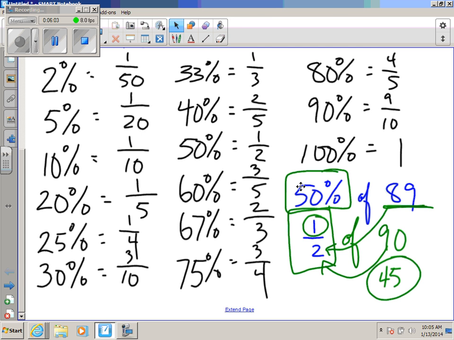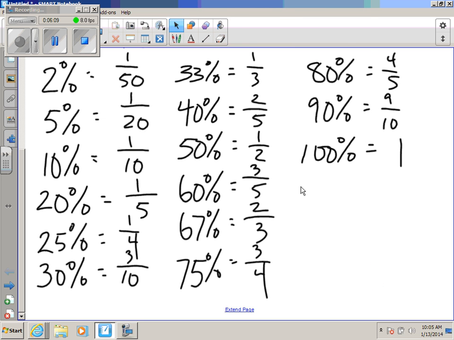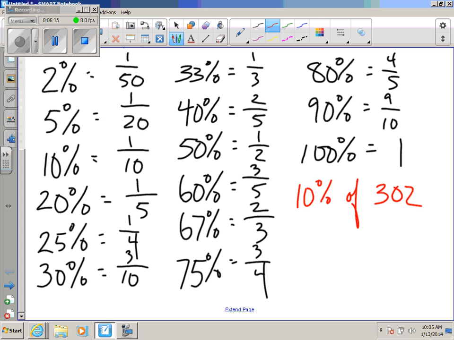10% of 302. First thing we're going to look at is the fraction. Do I even have to choose one that's close to 10%, or do I have one that's already 10%? I already have one, so let's use 1/10. Now, a couple of different ways you can look at this. Anytime you have 3 digits or more, you should just look at the first 2.